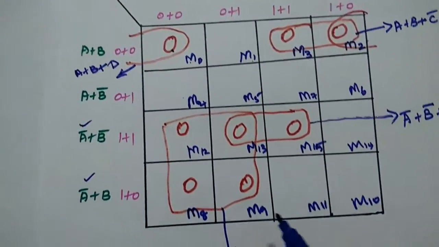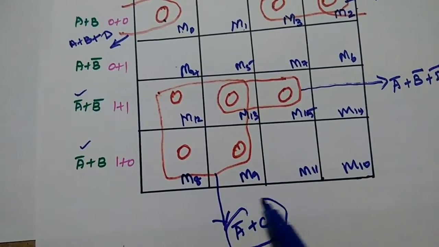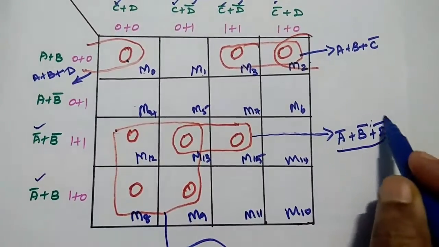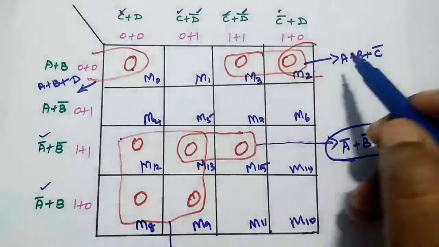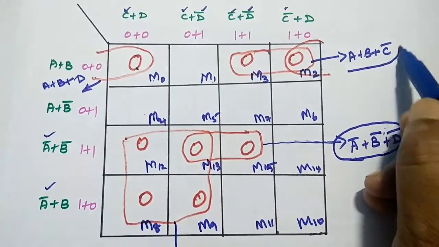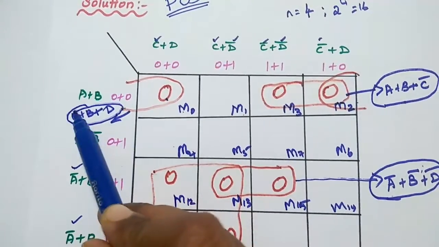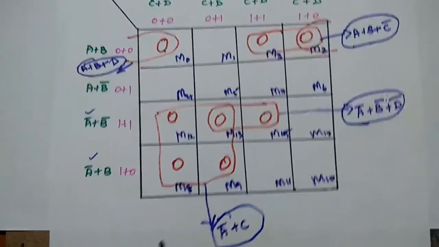So now we have obtained 4 Boolean expressions. Here it is A bar plus C, then A bar plus B bar plus D bar, then A plus B plus C bar, and here A plus B plus D. So there are 4 max terms.